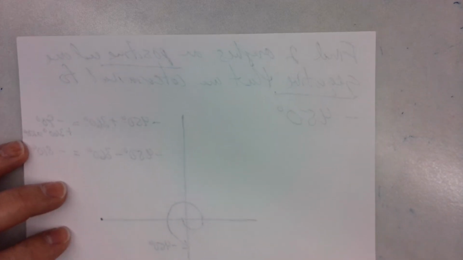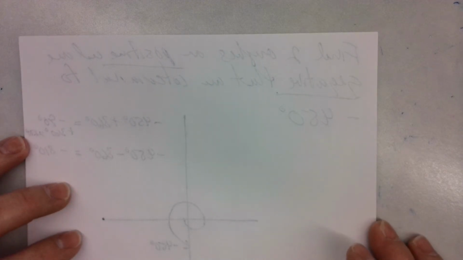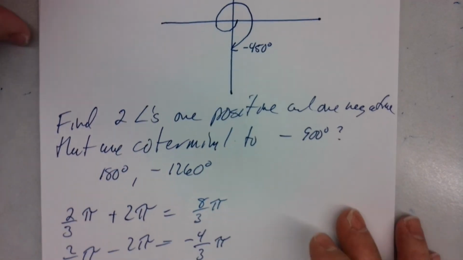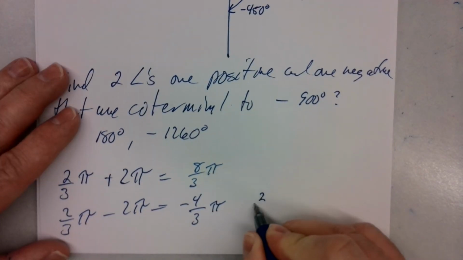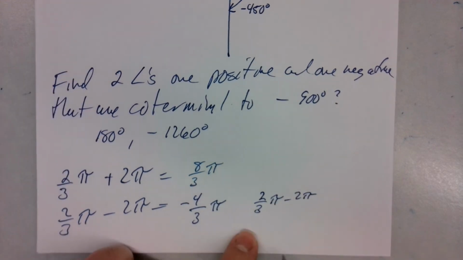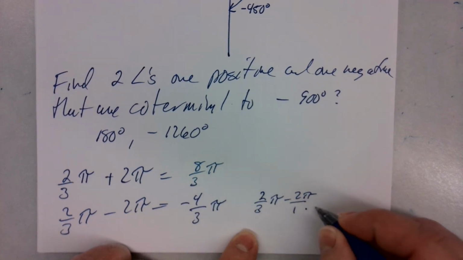So, Daylight, what don't you know about this? I was just confused on the denominator part of it. Okay, so let's go back and look at this. Say I've got the bottom one here, 2/3 pi, and I'm minusing off 2 pi. I have to get a common denominator. What's my common denominator going to be? 3. Right now 2 pi is over 1, so to make it a 3, I'm going to times it by 3.